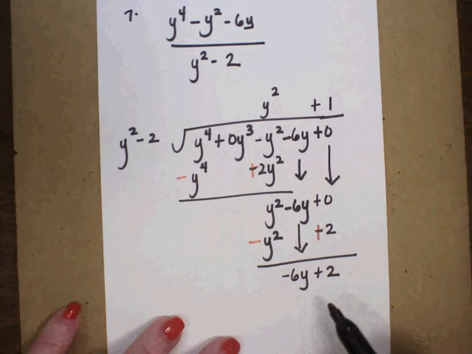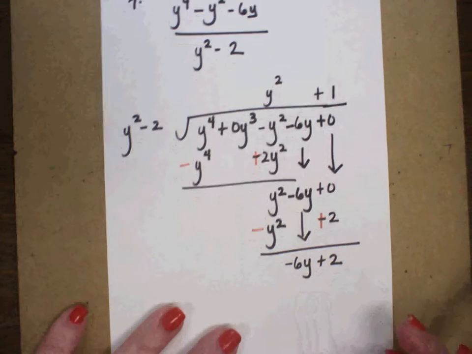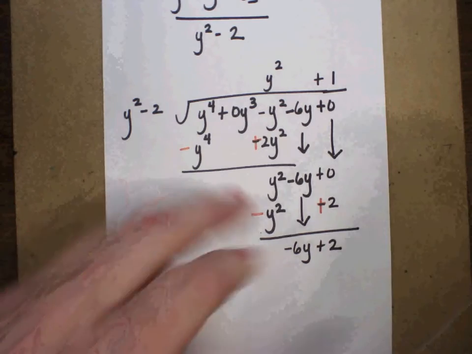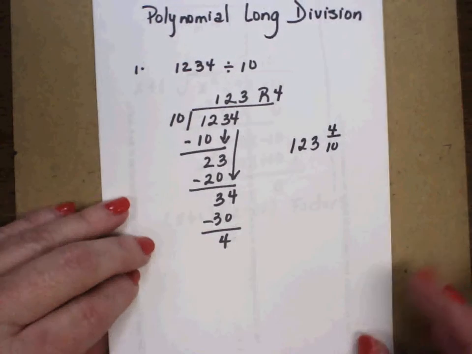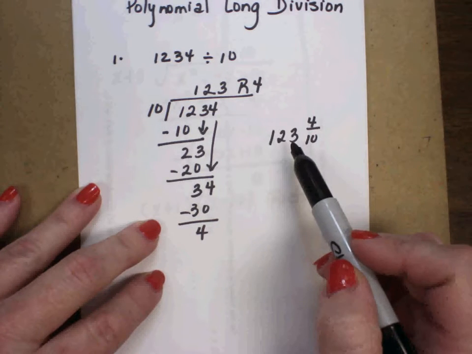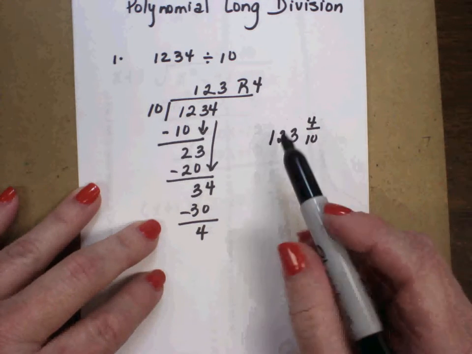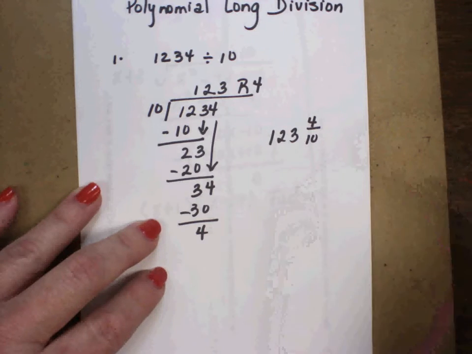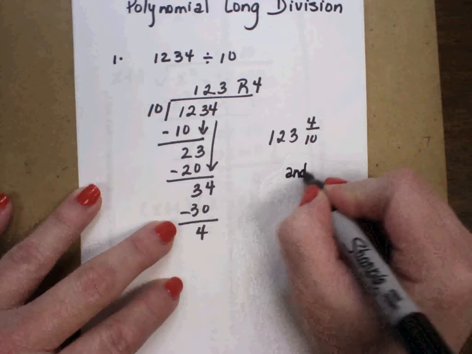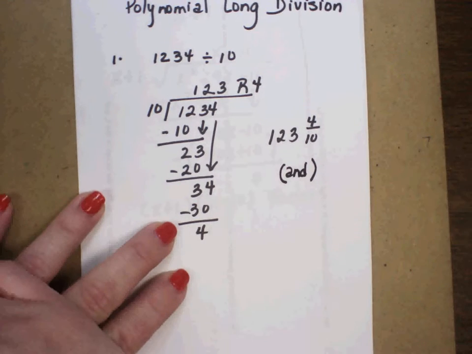Let's go back to our first example. How do you read this? 123 and 4/4, right? What does the word and mean in math?